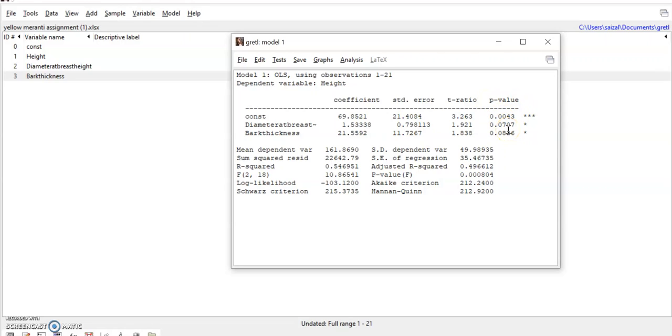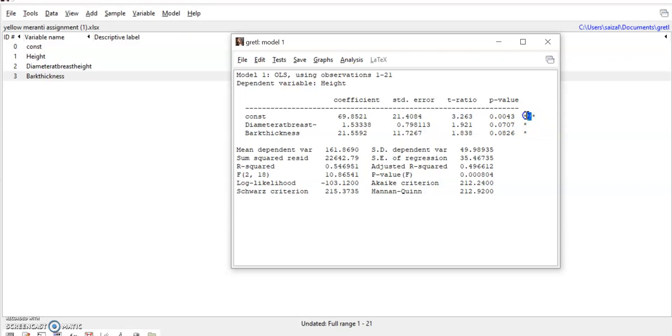It represents or shows the level of significance. In this case, we have a number of stars. For constant, we have 3 stars. It means that this constant is significant in explaining the height of Yellow Meranti at 1% significance level.